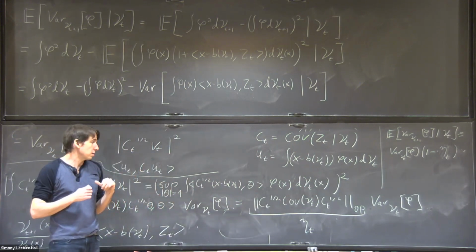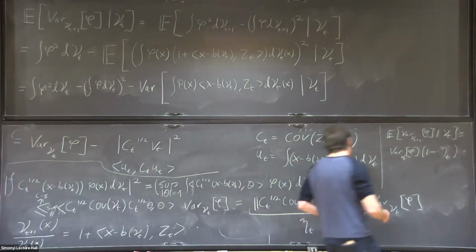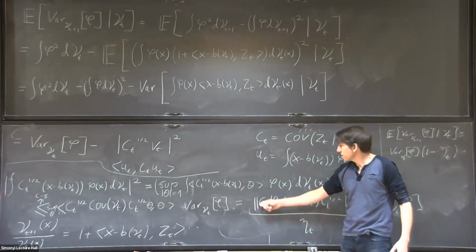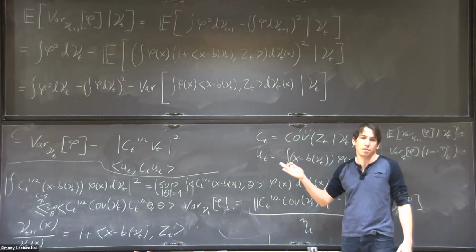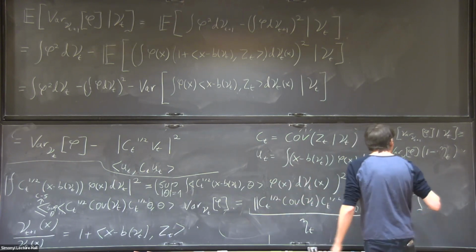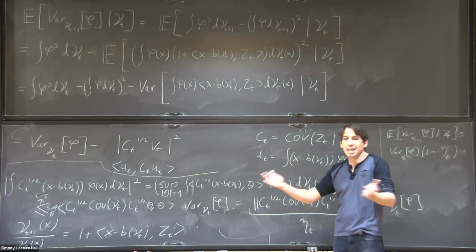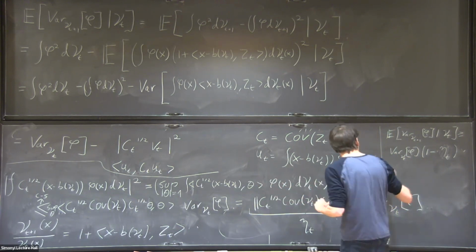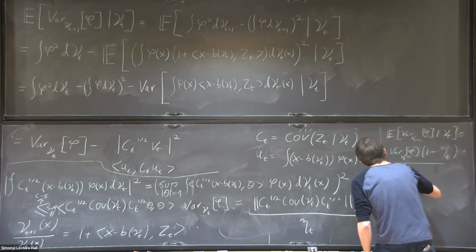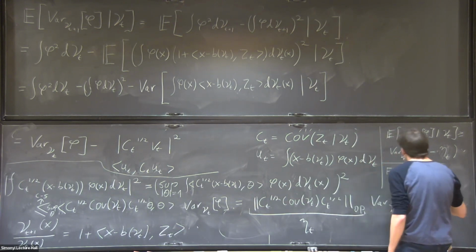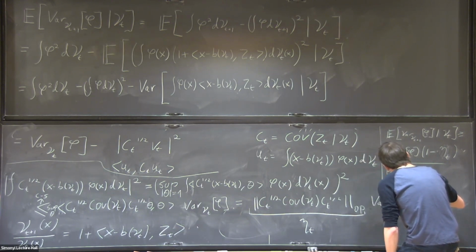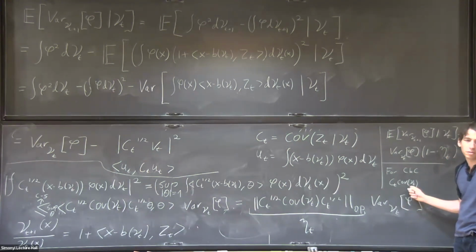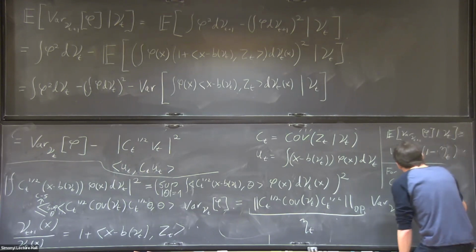Okay, and the coordinate by coordinate process gives me a very particular C_t. C_t just depends on the center of mass of nu t in the definition of the process.